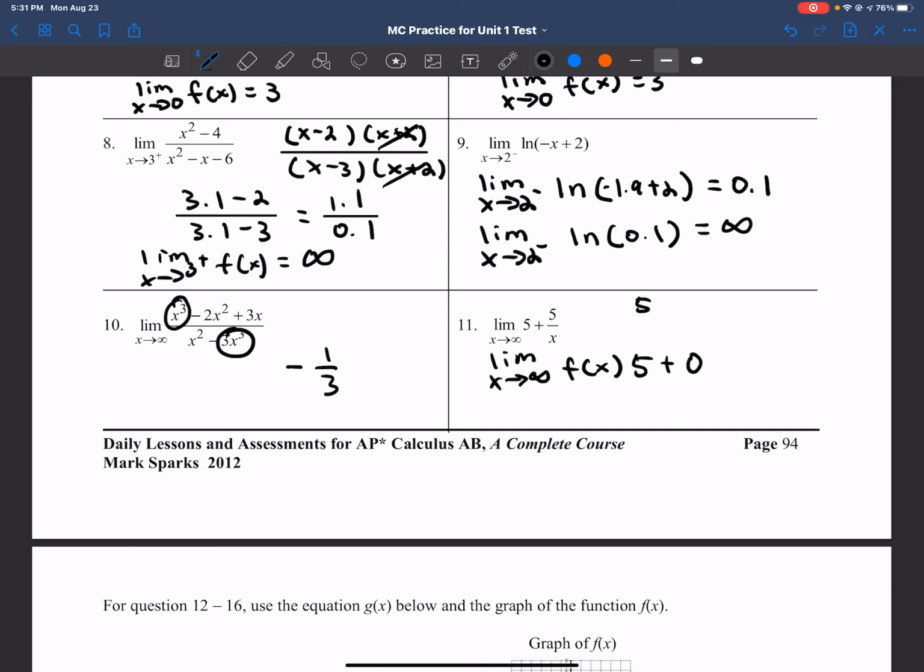Because 5 over infinity, you get a very small value, which is equal to 0. So the answer is 5. So limit as x approaches infinity, f of x equals 5.